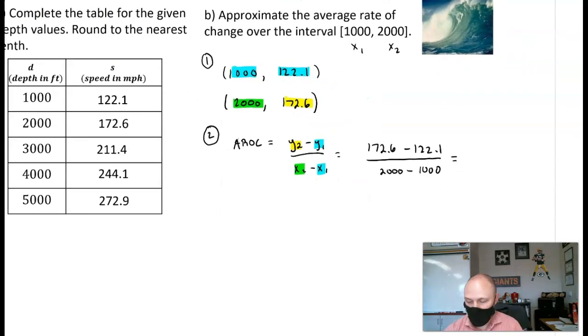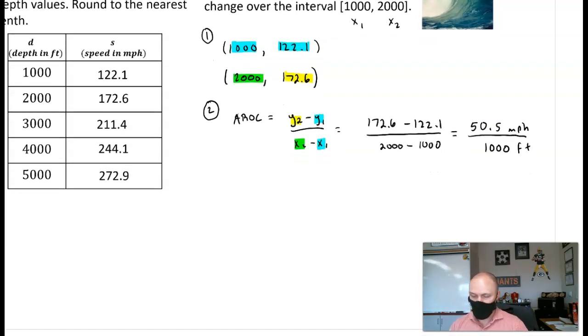So pretty straightforward. So it looks like 50.5 miles per hour. I'm going to include the units, miles per hour, over 1,000 feet. Okay, so we can go ahead and divide. And this is going to be approximately 0.0505 if I want to include everything, miles per hour.